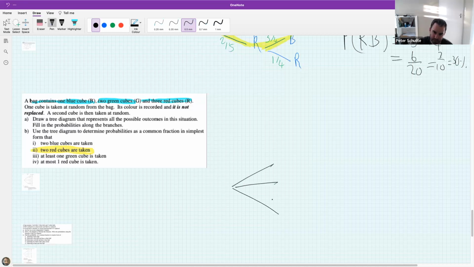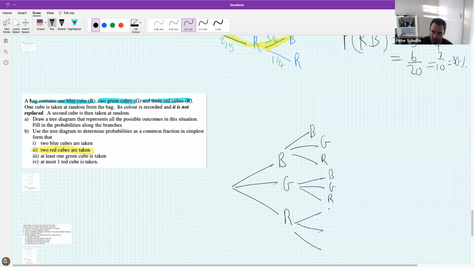Now, what's going to be different about this one is you have three choices, which is blue, green, and red. And then you will have three choices for each of these branches too. Blue, green, and red.